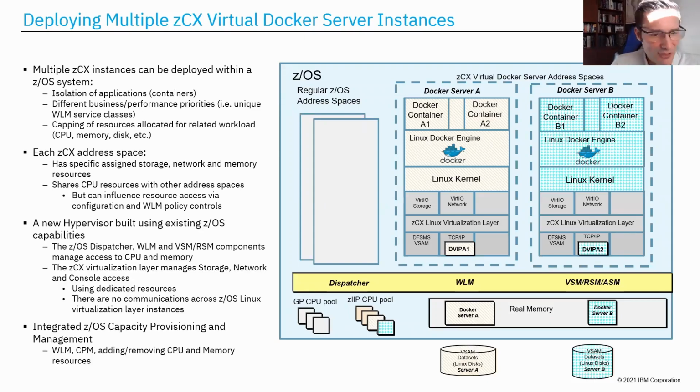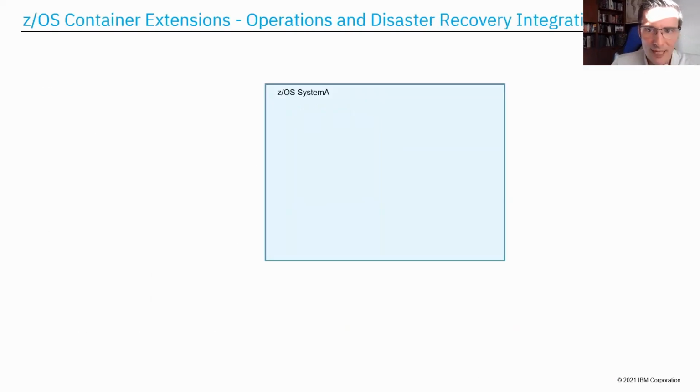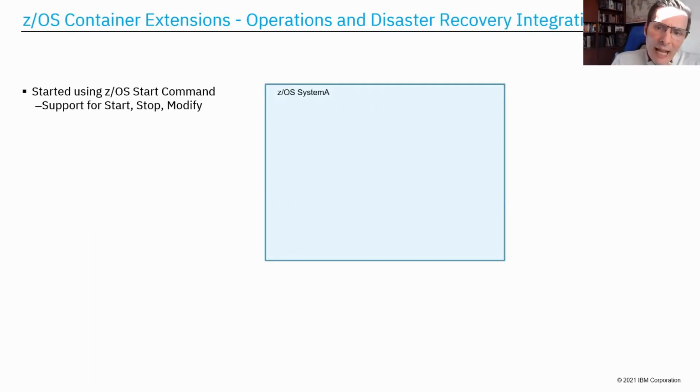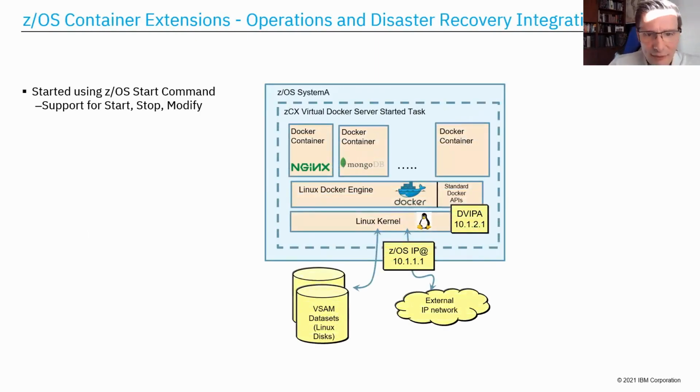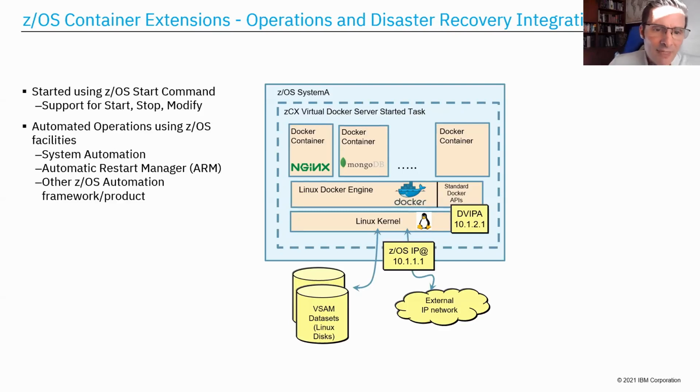Okay, I'll just keep moving on here just to make sure we have enough time. So let's talk about operations and disaster recovery support. Because it's a regular address space, we support start and stop commands. There is a modify command that allows you to do mostly display-like functions to display the configuration of ZCX that is available for the address space. I can also use automated operations as I would for any other address space on the system.